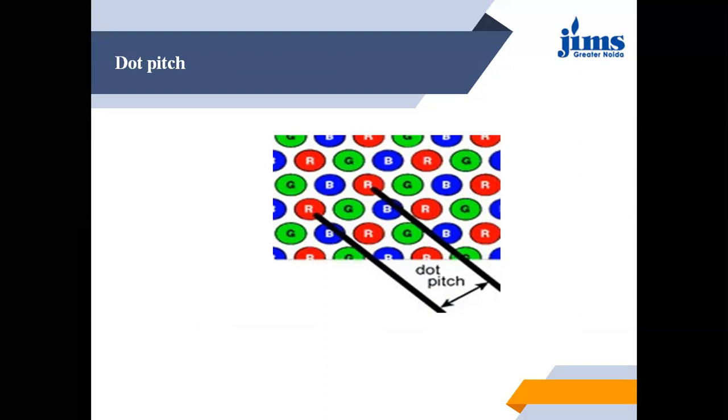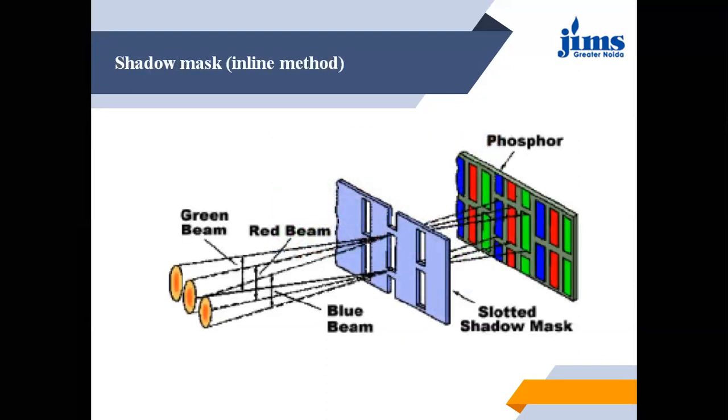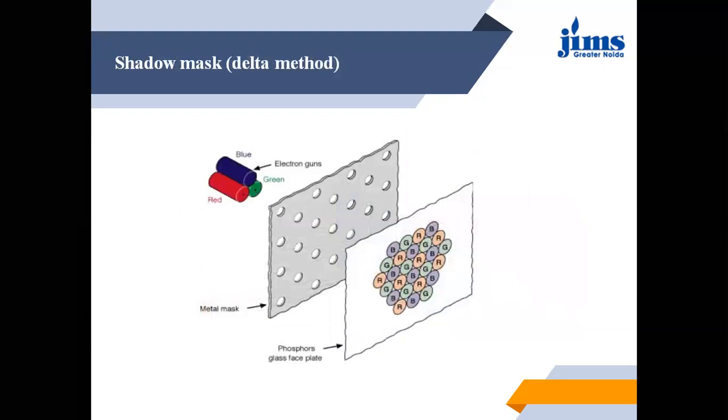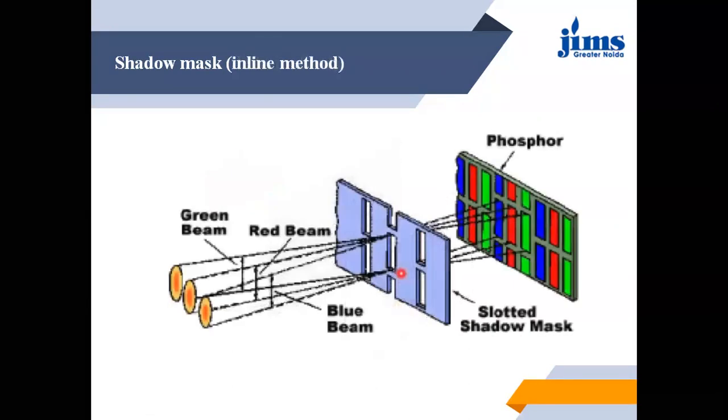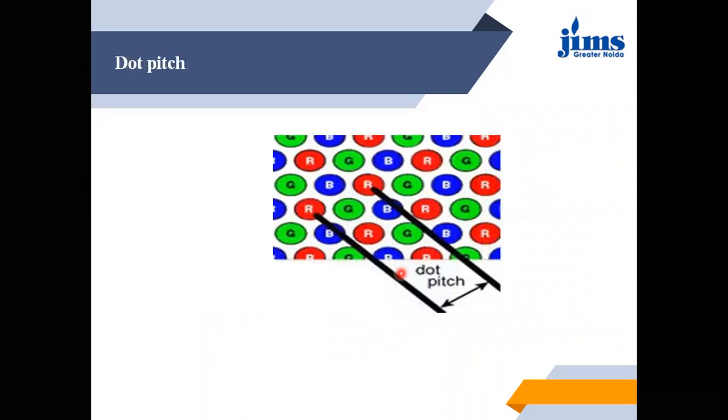Now dot pitch. As we discussed, the phosphorus screen has different colors: blue, red, and green. The distance between the nearest same color pixels is called dot pitch.